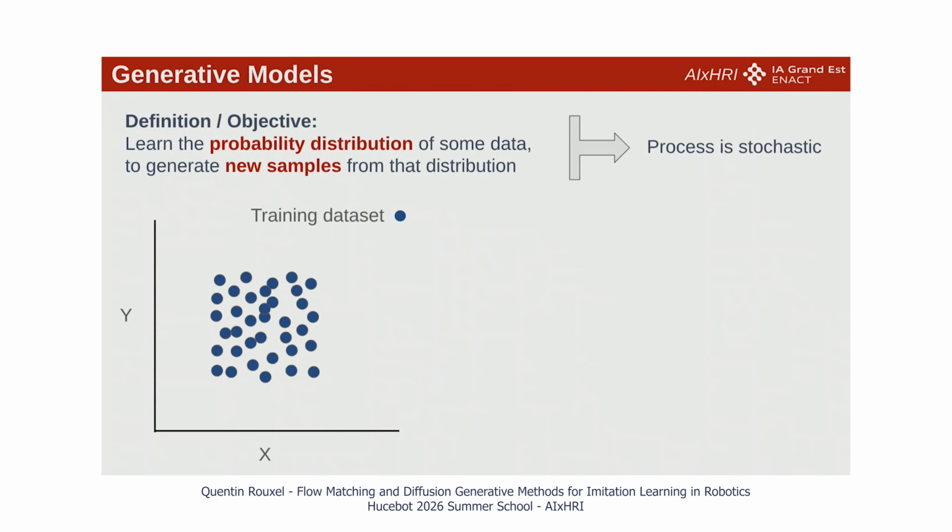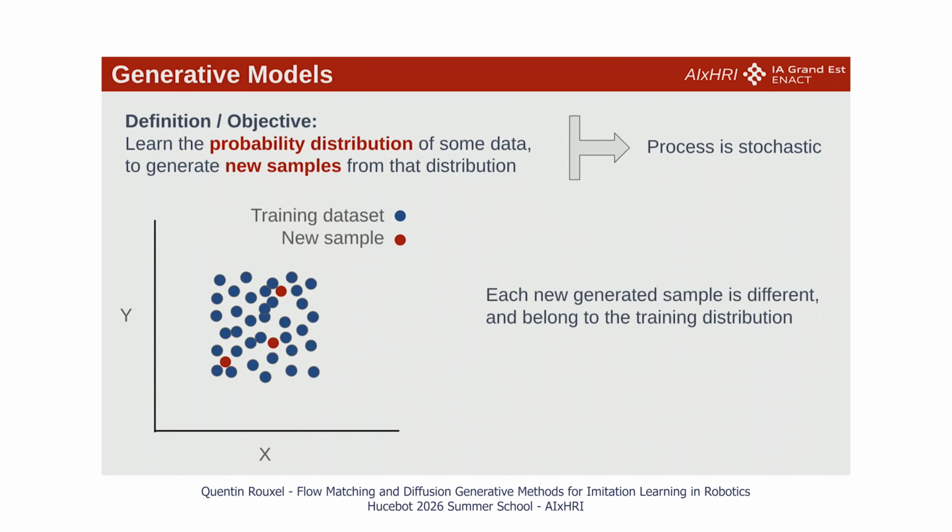The whole point of a generative model is that we have data from some distribution, and we're trying to generate new samples from this distribution. Typically, you have a lot of images of cats, and you want to generate new images of cats that are different from the ones in the dataset, but still look like cats. Fundamentally, this is a stochastic process, which means every time you call your generative process, it will be a new answer.